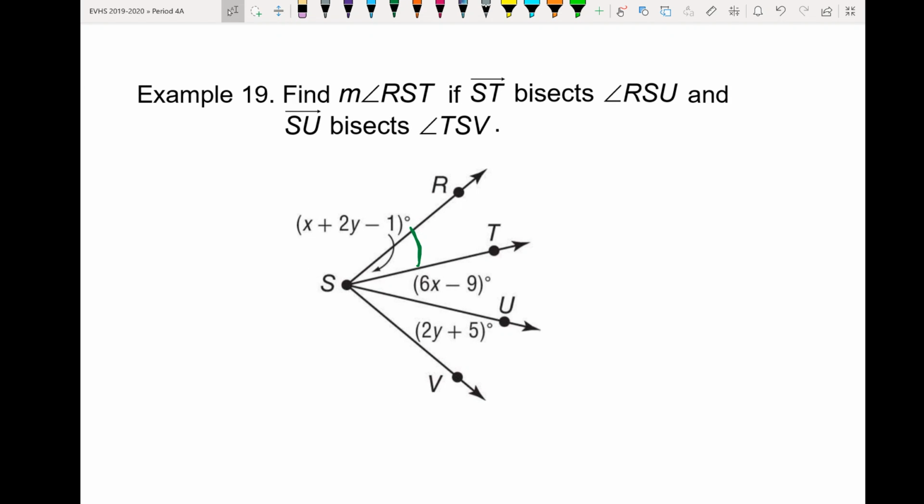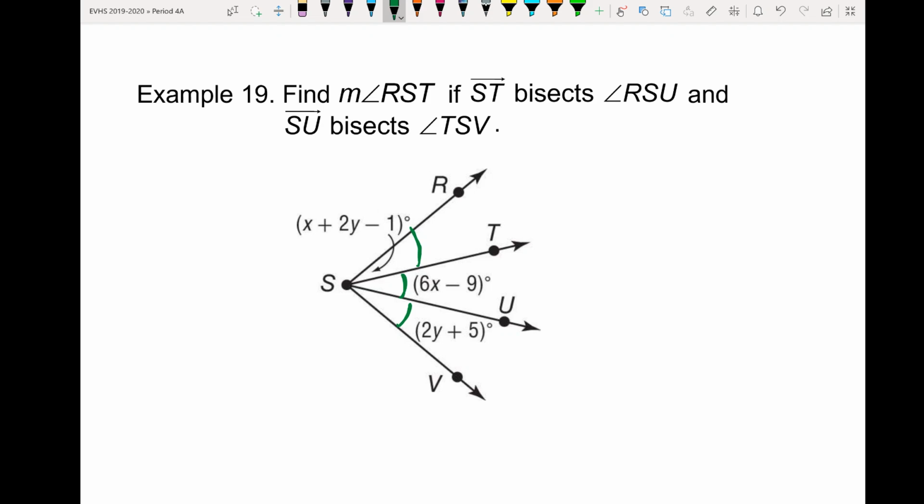So, it says that ST bisects RSU. So if ST bisects RSU, that tells me that RST and TSU are congruent. And SU bisects TSV. Hey, those three angles are all exactly equal.